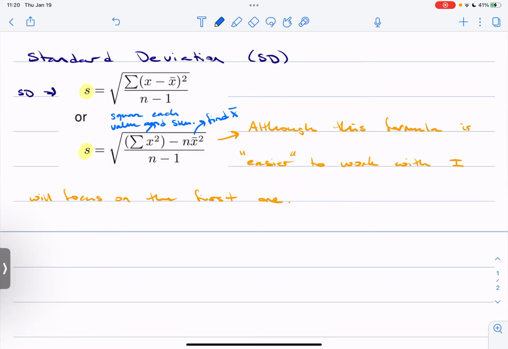As long as you follow proper order of operations, so BEDMAS, if that sounds familiar, then you're fine. You find the average of the x's, square it, multiply by n, and subtract that from the sum, then divide all that by n minus 1. N is your sample size. And then finally take the square root.